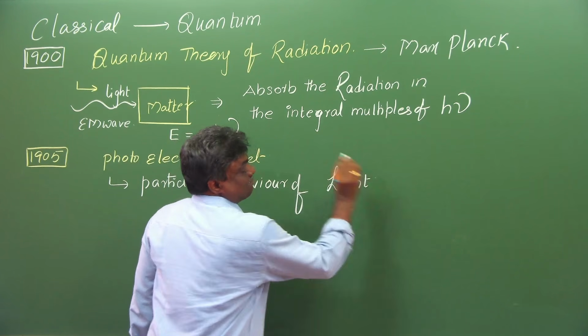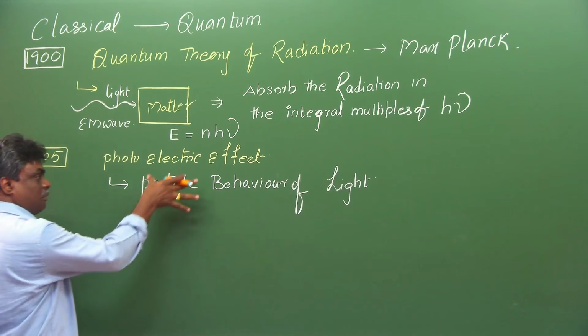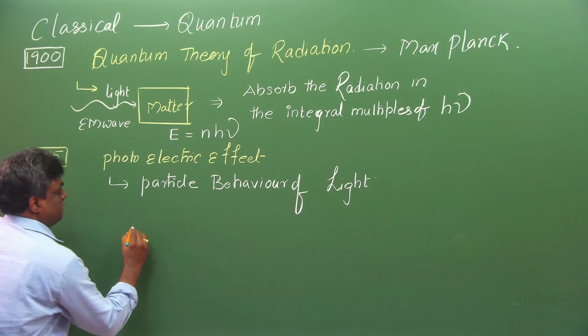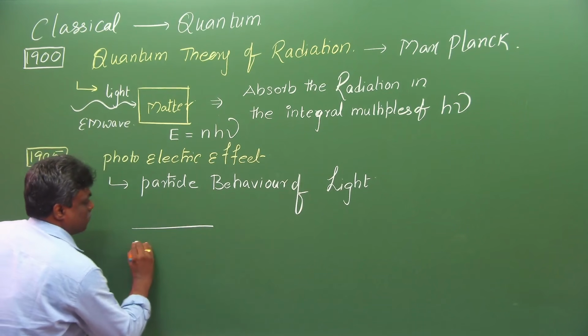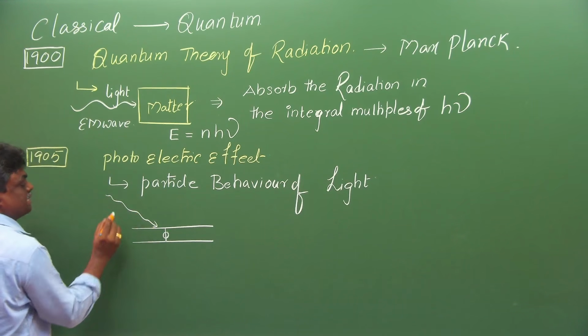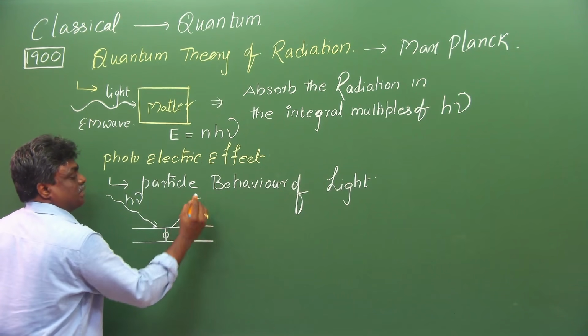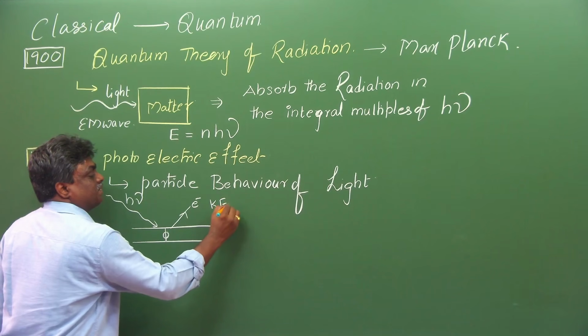Light. That we will discuss clearly, don't worry. This is the metal plate and work function, I will tell you all the things. This is the radiation h nu, and what are ejected? Electrons. Electrons are ejected with some kinetic energy.